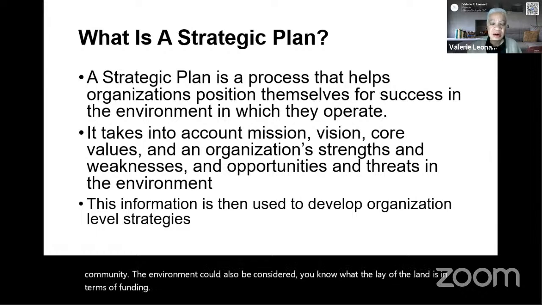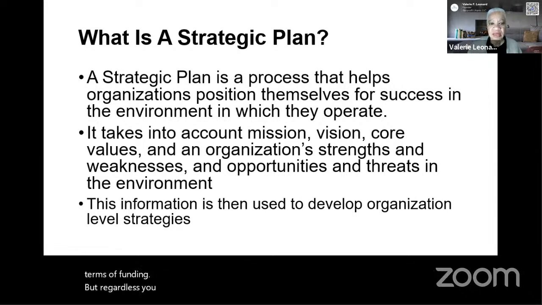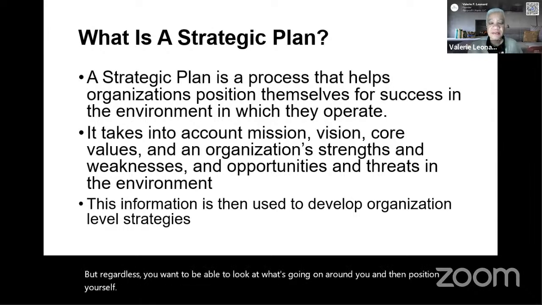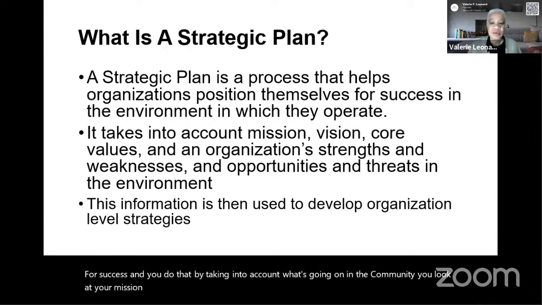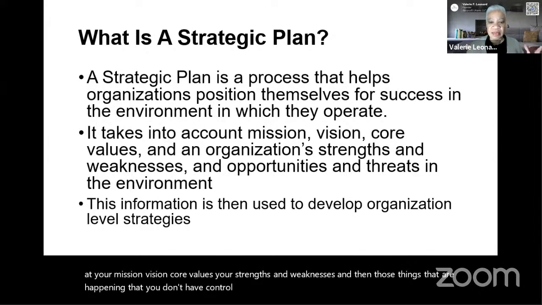Regardless, you want to look at what's going on around you and then position yourself for success. You do that by taking into account what's going on in the community. You get your mission, vision, core values, your strengths and weaknesses, and then those things that are happening that you don't have control of, such as any opportunity and any threat.